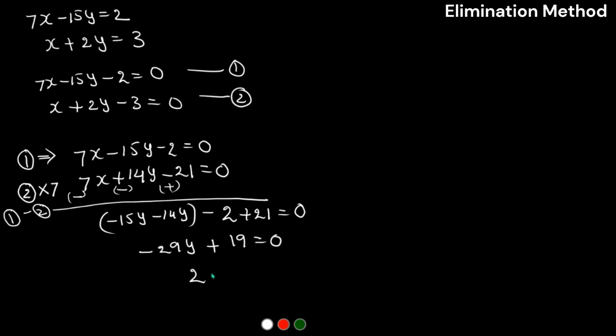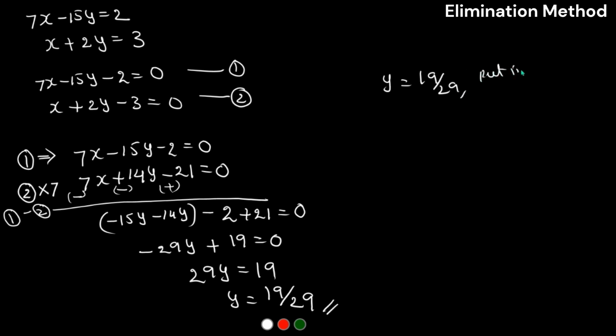Sending to the one side, 29y is equal to 19. y is equal to 19 by 29. Now similarly to the last example, we will put y is equal to 19 by 29 into equation number 2.